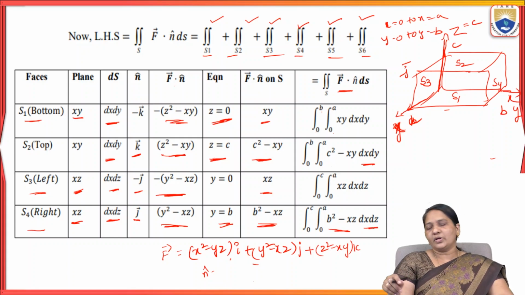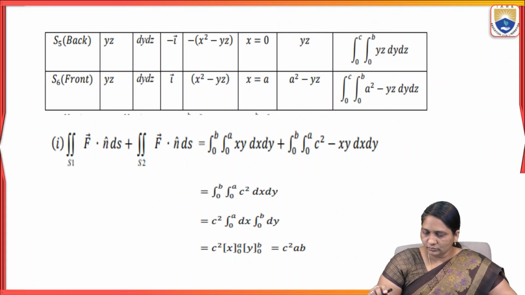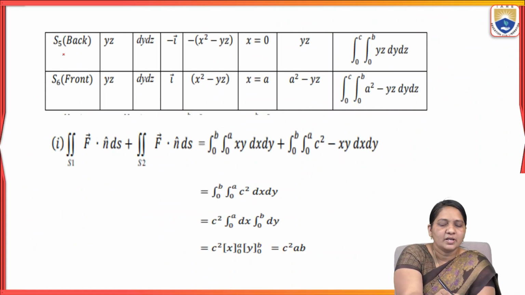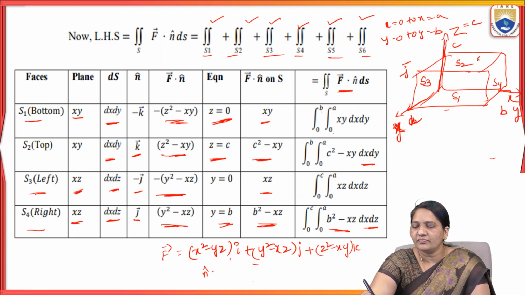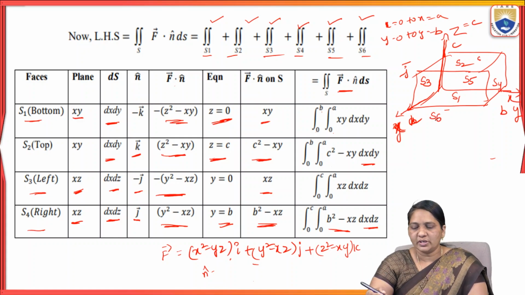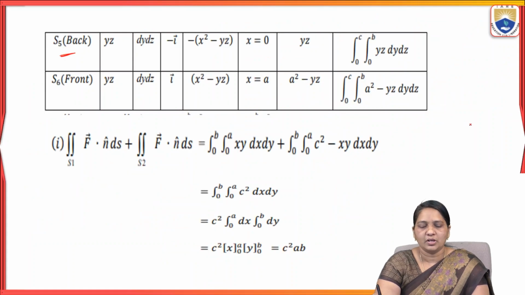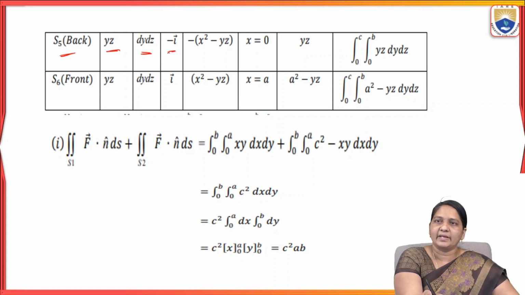Now we are moving to S5 and S6. Observe this figure. S5 is the back. Here, this is S5, and this is S6. This is in the YZ plane, that means the I bar direction. So for the YZ plane we take minus I bar.